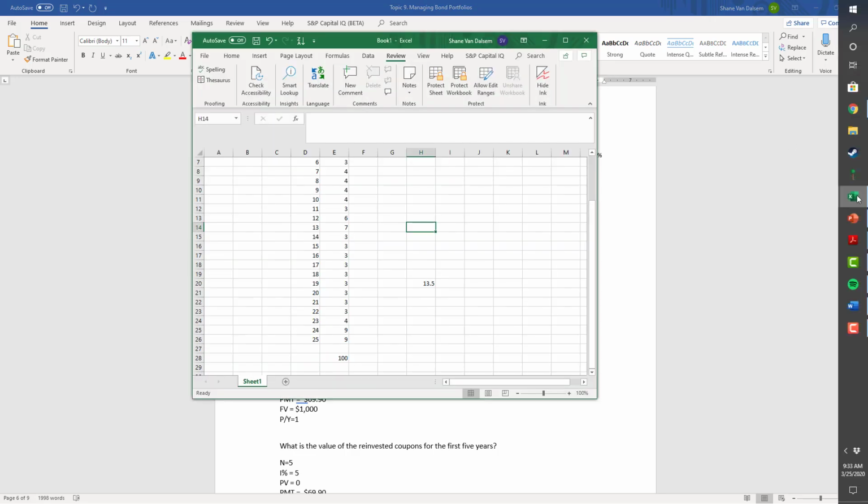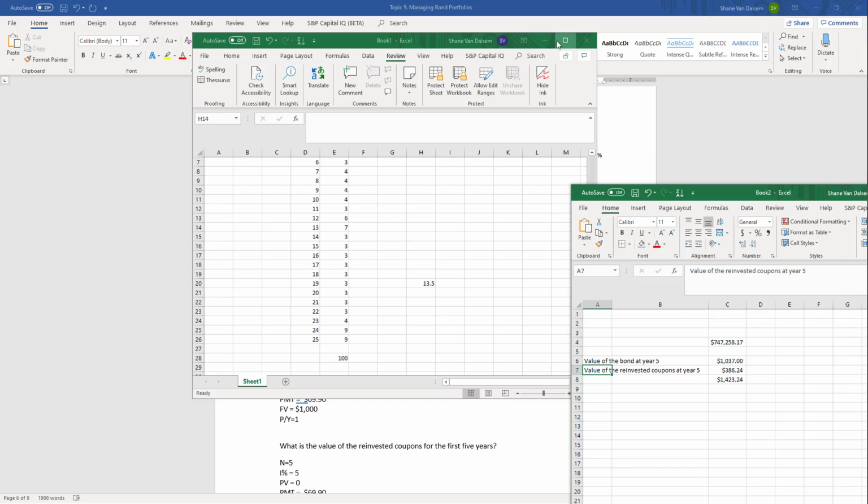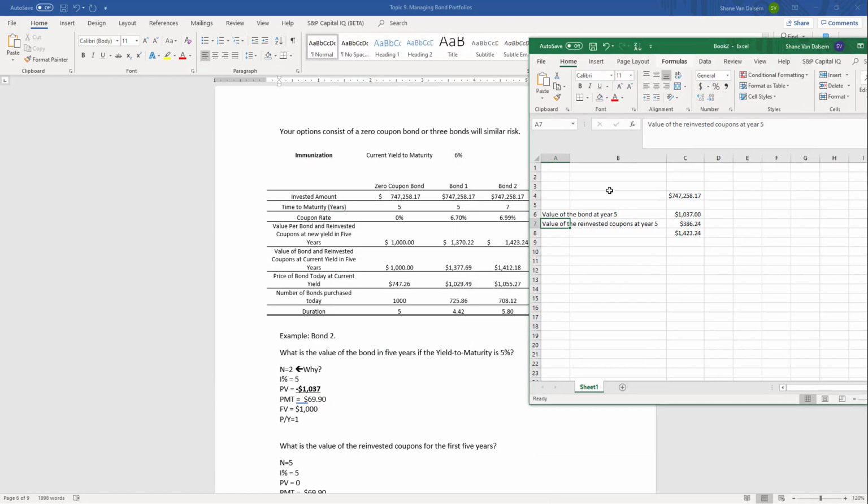Sorry about that, I pulled up the wrong sheet. There we go. This is bond 1. So if the yield to maturity falls, and we're saying it falls today, on the date that you initially invest, the value of that bond and reinvested coupons at year 5 is going to be $1,370.22.